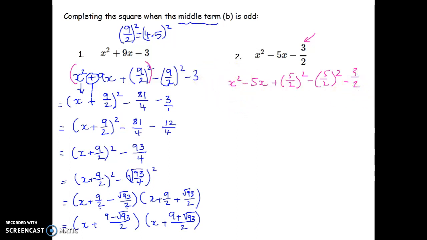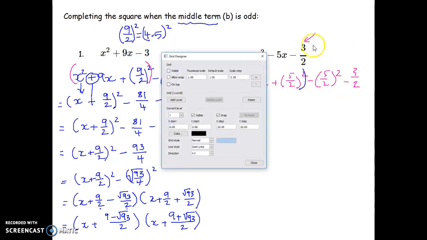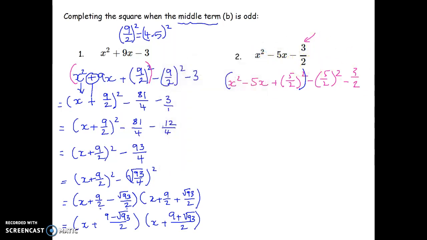Okay, here's my perfect square, there and there. So that one there is the x from here. The square root of 5 on 2 squared is 5 on 2. This minus comes down. Then I've got minus 5 squared is 25. 2 squared is 4. Take 3 on 2.